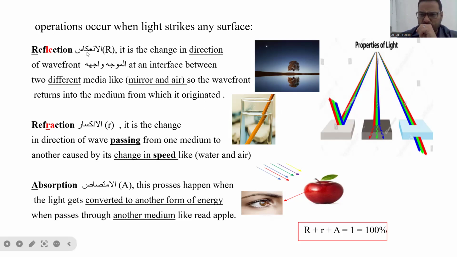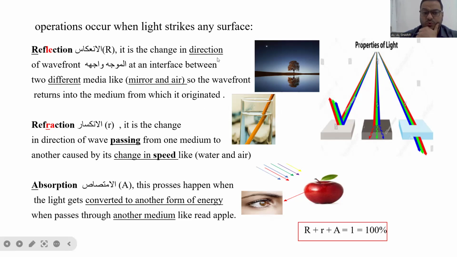By reflection, we can see everything through the reflected rays from the object. The reflected rays to my eyes are the reason for my vision, or they give me the opportunity to see everything through the reflection process.